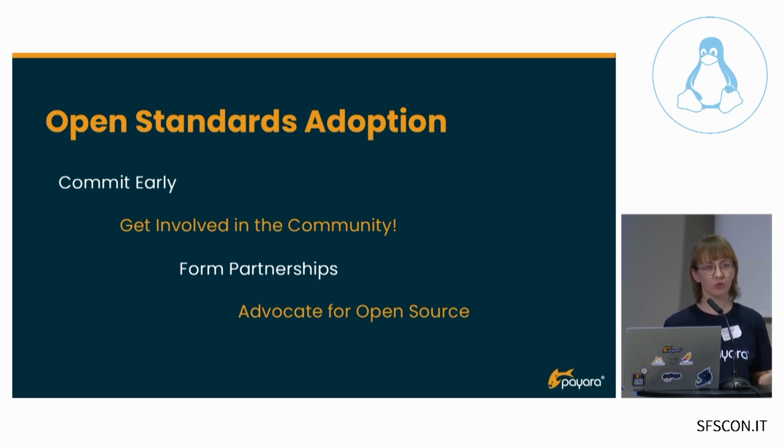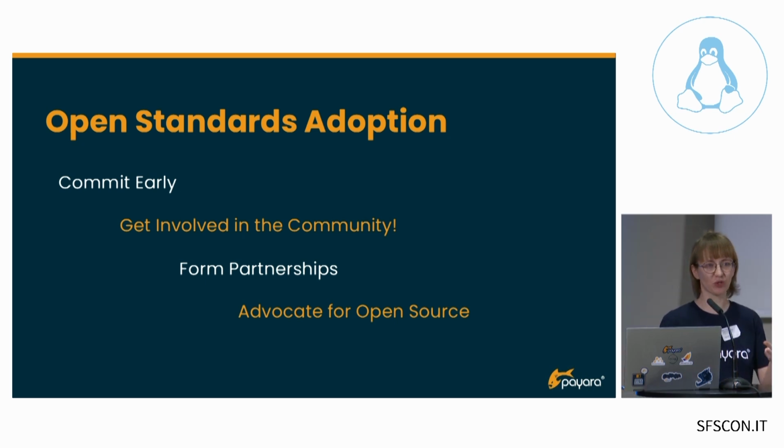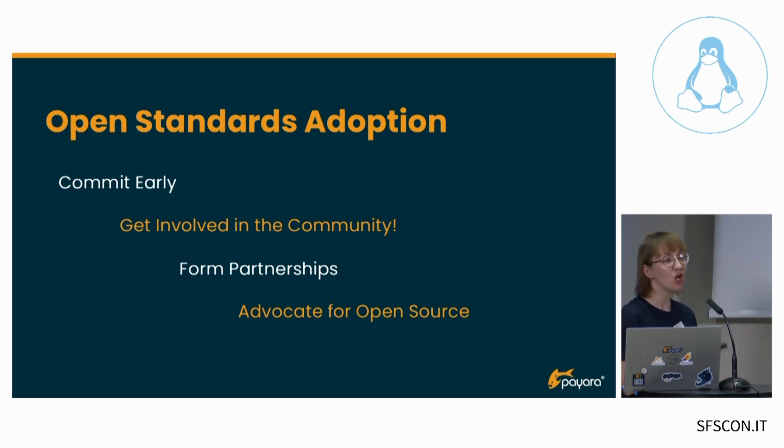In an ideal world, businesses would give time for their developers to give back to the community and to the projects that they are working on within the business. So we need to advocate for that, and talk about this, so there's more involvement in community projects and in open standards. Form partnerships.